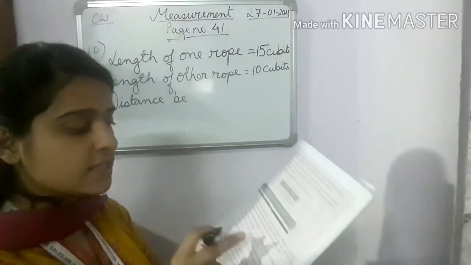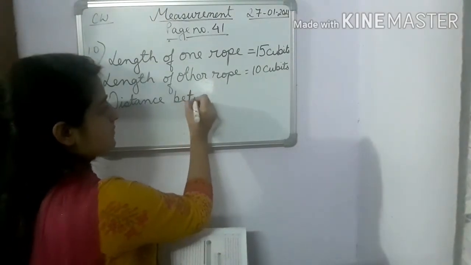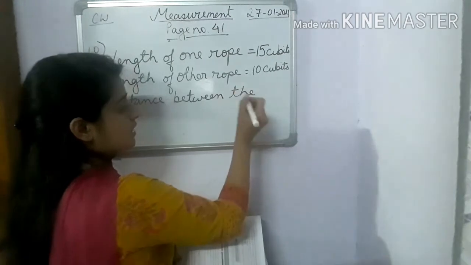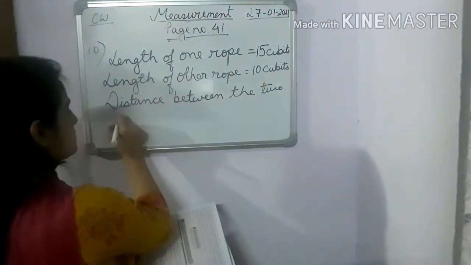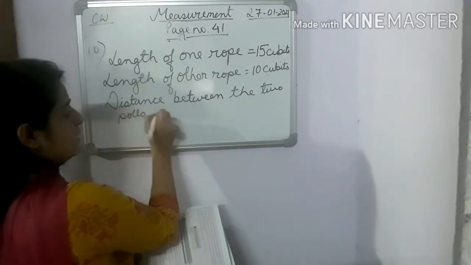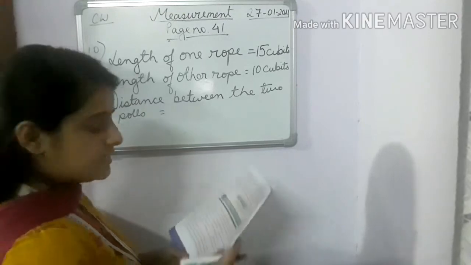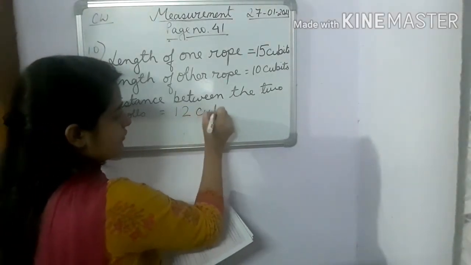Check the spelling from the question itself. Distance between the two poles is equal to, what is the distance between the two poles? Yes, 12 cubits.